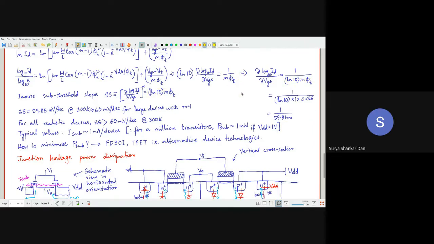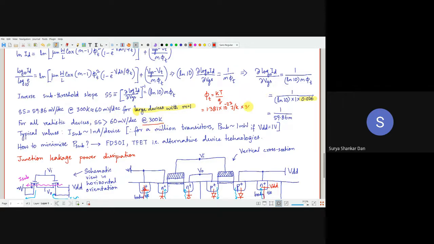So what do we get? For large devices, that means when small m equals 1, at room temperature, because these 26 millivolts that we have written are valid only at room temperature, remember. Because what is phi t? Phi t is equal to kT by q. So when does this 26 come? We put the value of k in joules per Kelvin, multiplied by temperature, we put room temperature. That's why I am specifying this 300 Kelvin.